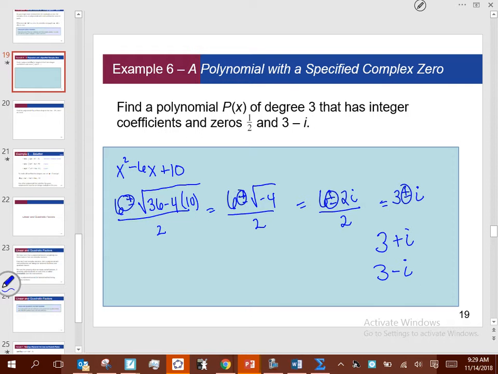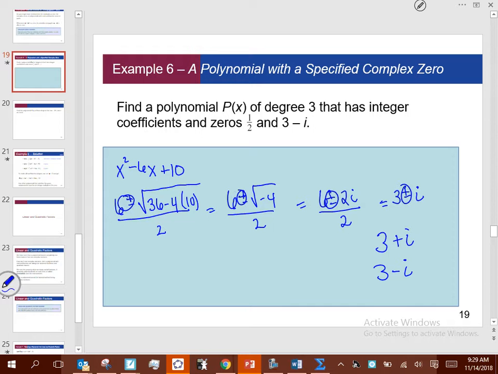Conjugates. So the idea is that if I have 3 plus i as a 0, because it came from a quadratic factor, then 3 minus i is also a 0 because it came from the exact same quadratic factor. Because when we work with our quadratic formula, it's a plus or minus there, right? We took the square root.